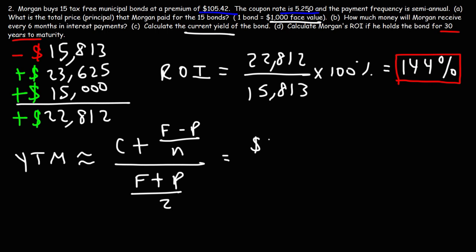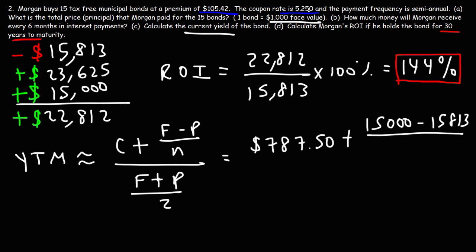So the interest payments is $787.50 on an annual basis. F is the face value. The total face value for this is 15,000 minus the price, which is 15,813.